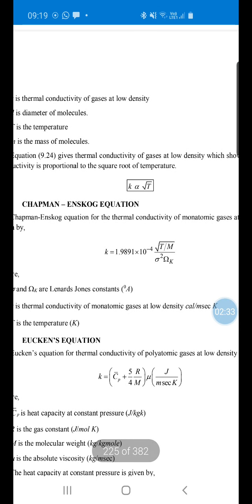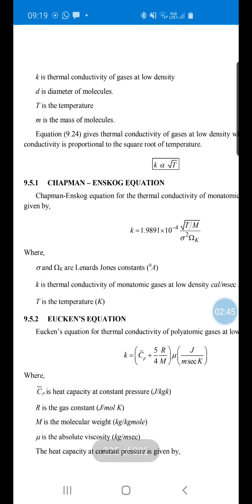That equation is k is equal to 1.9891 into 10 raised to minus 4 square root of T by M upon sigma square into Omega k, where k is the thermal conductivity of monatomic gases in calorie per meter second Kelvin, T is the temperature in degree Kelvin, M is the molecular weight, and sigma and Omega k are called Lennard-Jones constants, and these values are in angstrom. We will consider these values as they are in angstrom.